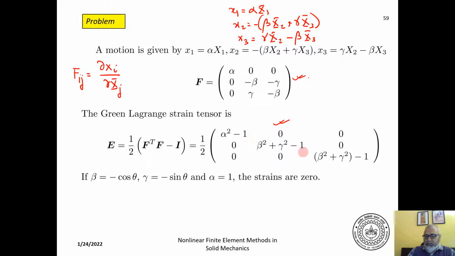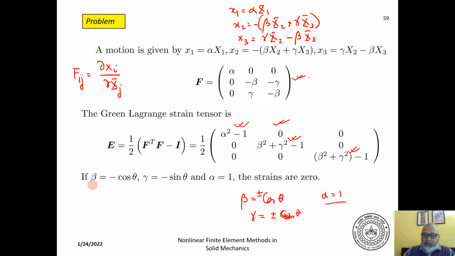These components would be zero if we make the choice that beta is equal to plus or minus cos theta, gamma equal to plus or minus sin theta. That will make this term equal to 0, this term equal to 0, and then alpha equal to 1. That will make this term equal to 0.